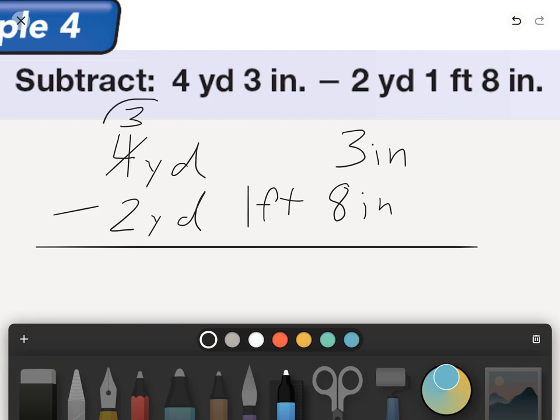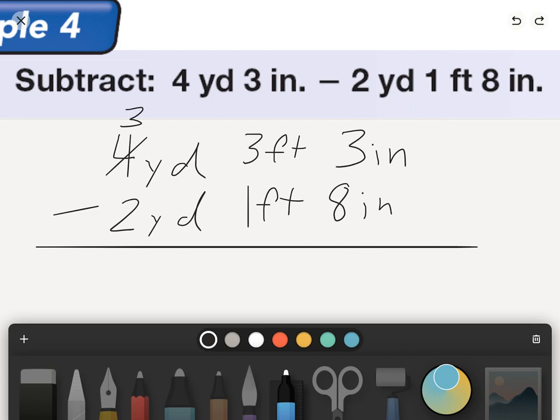So I can take away 1 yard and add 3 feet to this side. Wait, how did you get the 3 feet? Because there are 3 feet in a yard. Oh. So I'm subtracting 1 yard. So the same distance is represented here, right? Like 3 yards, 3 feet, and 3 inches is the exact same distance as 4 yards, 3 inches.